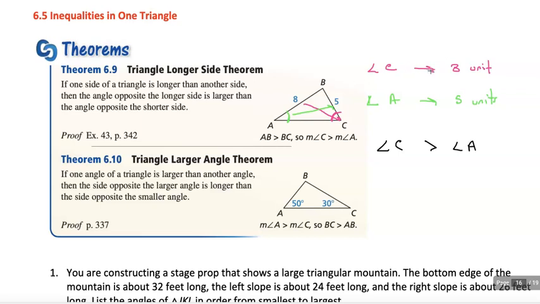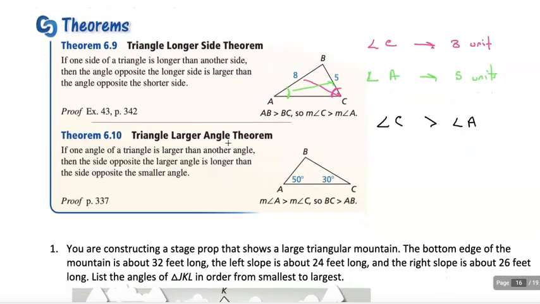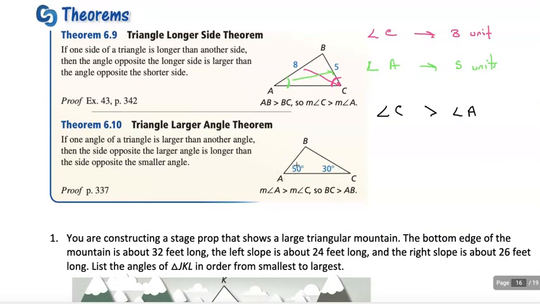And that's all it says. The angle opposite the bigger side is the larger angle. And vice versa, if you have larger angles, then it works the same way. So 50 degrees is bigger than 30 degrees, we know that. Opposite of 50 degrees is side BC.